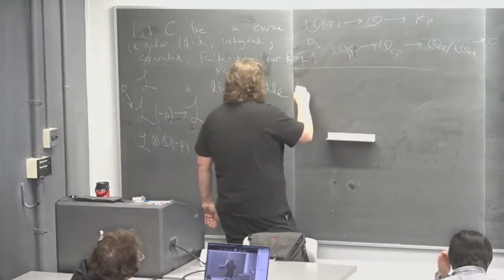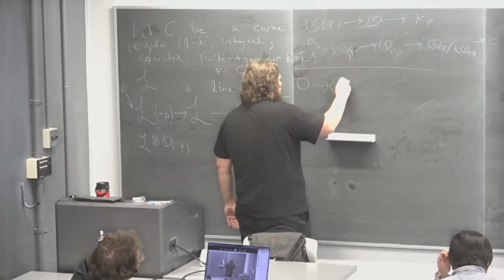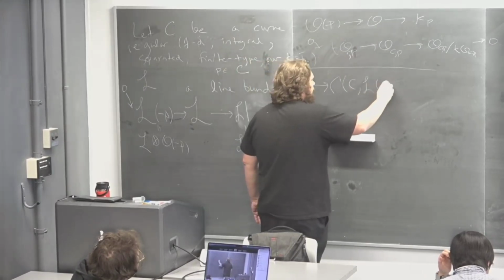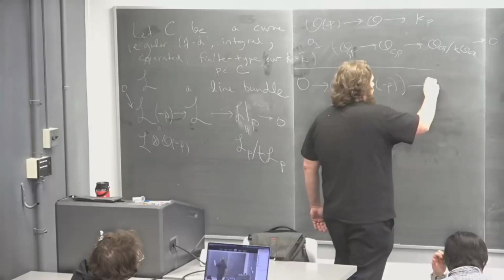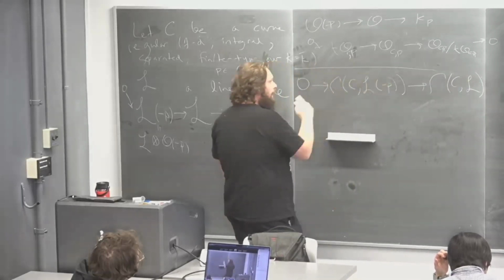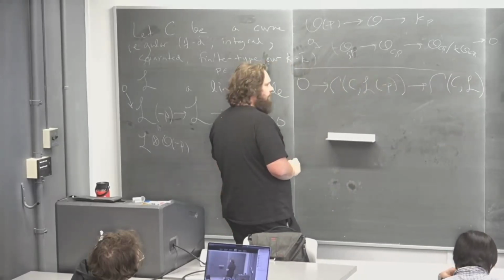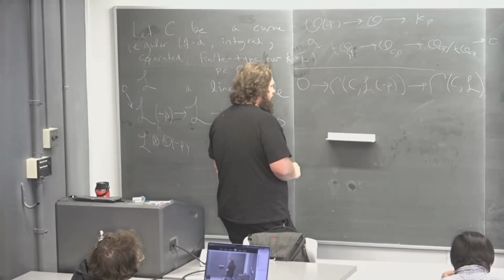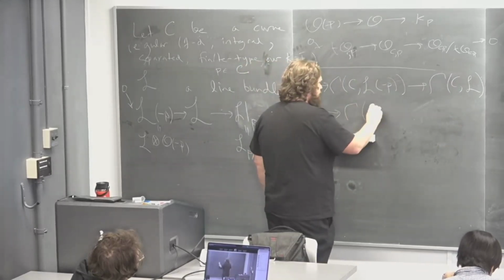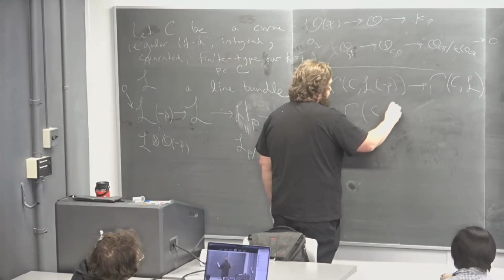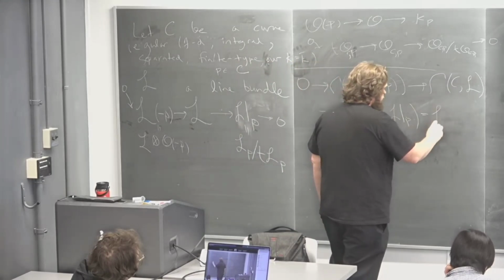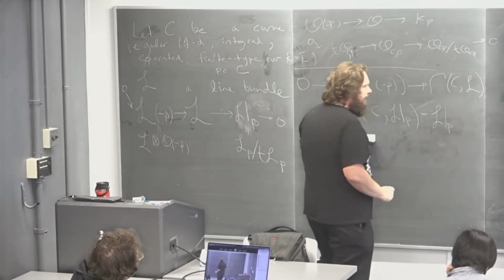So if I take sections, here's my sections on C of L minus P, and here's my sections on C of L. So this map has to be injective, and its cokernel has to inject into gamma C of the skyscraper sheaf, which is just this one-dimensional vector space.